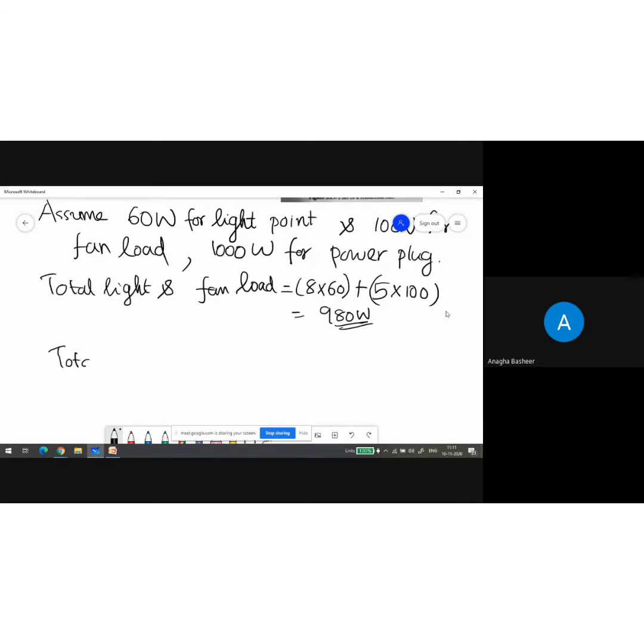Then total power load. Two power plugs are there, each having 1000 watts. So it is equal to 2000 watts.